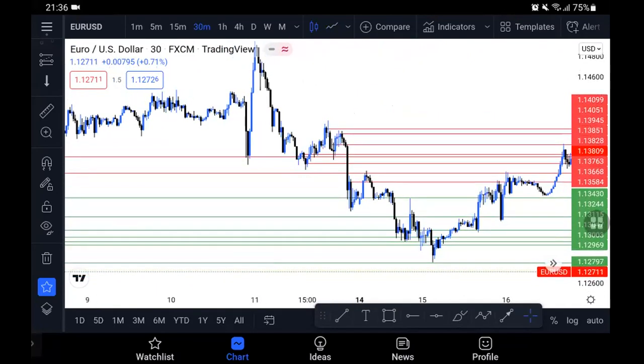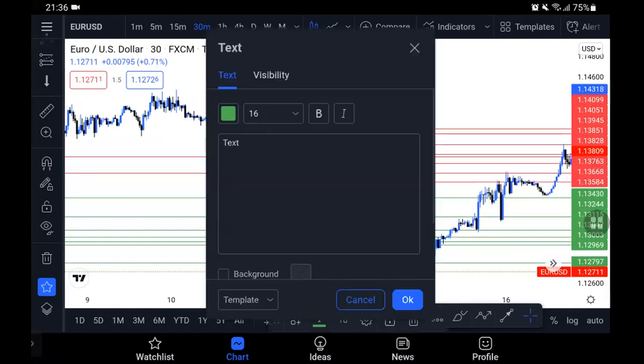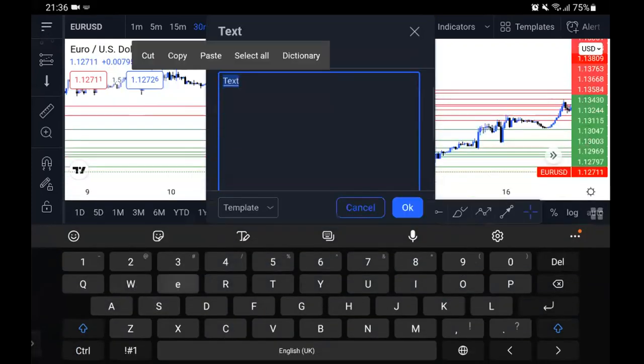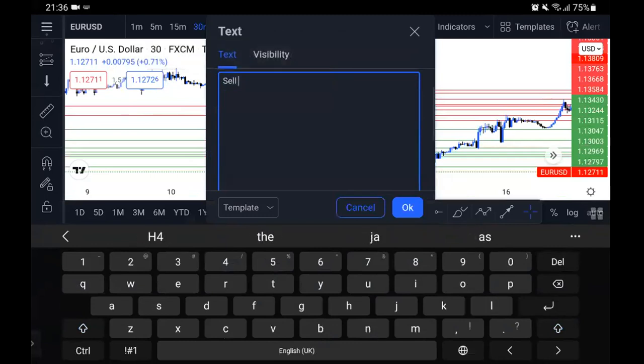For the sell entity, well, if you want to be more precise, then just block.